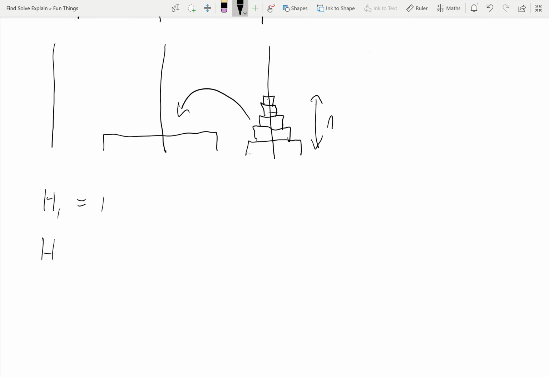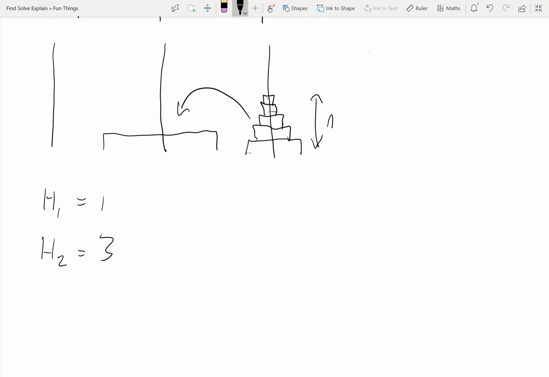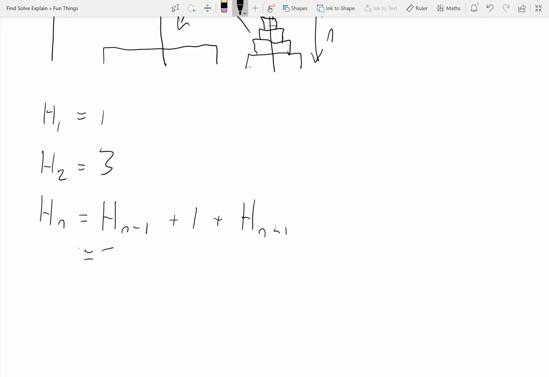And we know that h2 is equal to 3. Demonstrated that. And now what we've worked out is that hn is equal to hn minus 1 plus 1 plus hn minus 1, which is, of course, 2hn minus 1 plus 1.